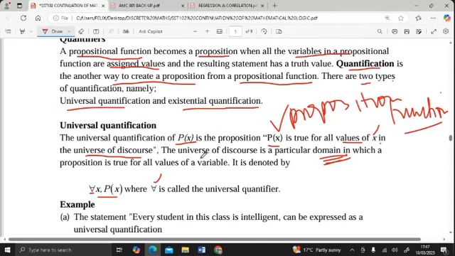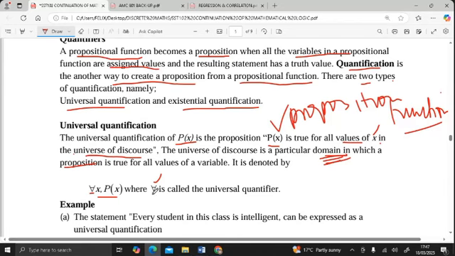Where do we get these values of x? We have what we call the domain, or the universe of discourse. It is just like the domain for a function. Remember, here we've called this a propositional function. Come to your mind, you did functions in calculus 1, and you've done it this semester.